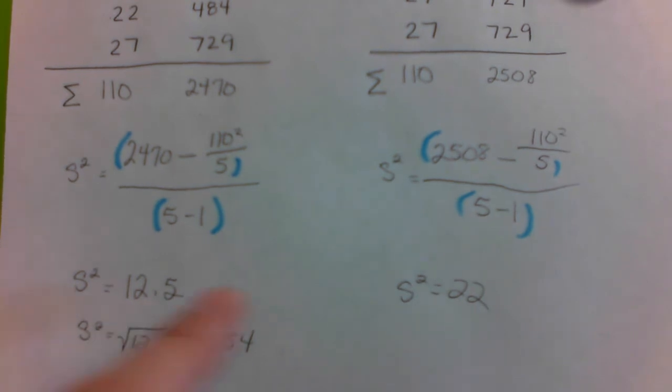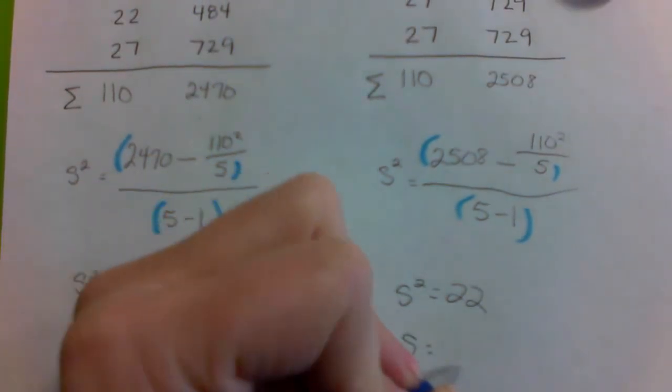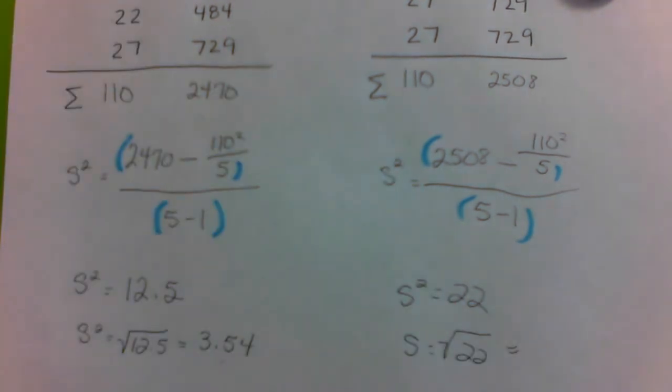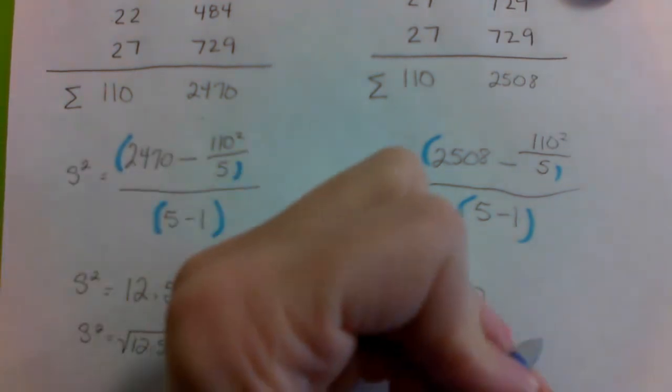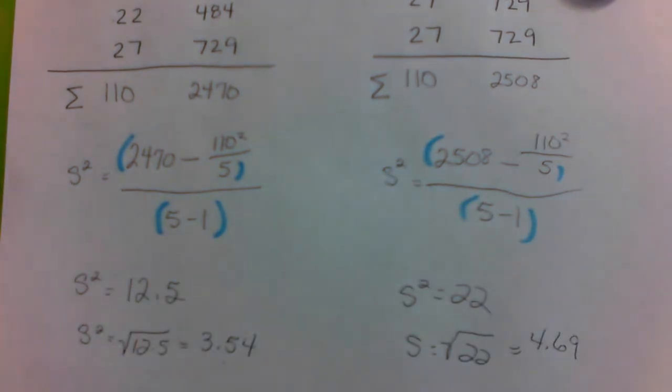So what that tells me is this supplier has more variation in relationship to the mean of 22 than this one does. Well, let's go ahead and find the standard deviation, which is S, which is the square root of 22, and the square root of 22 is 4.69. So supplier 2 is shown to have a higher variation than supplier 1.